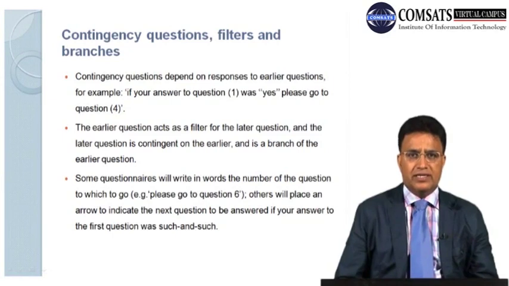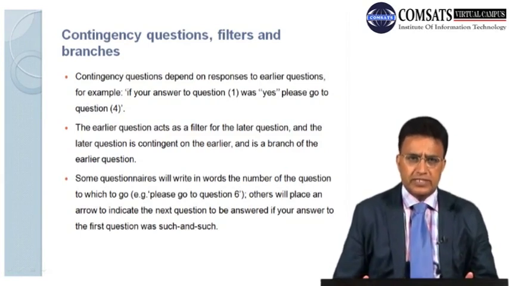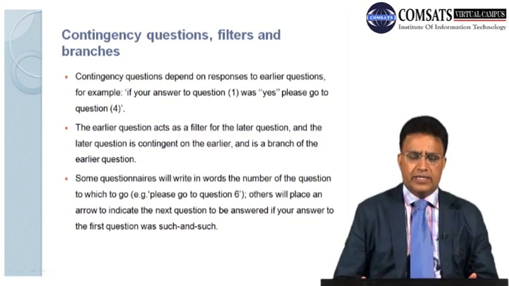So that's why it is said contingency questions. Contingency means they are based on other questions and they are the filters and branches. So some questionnaires will write in words the number of the question to which to go. For example, please go to question number so and so.